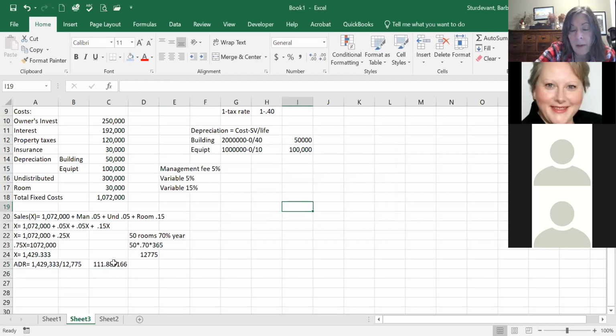Okay, I round that because that's not really something we're going to do. So that's what we would have to charge per room.